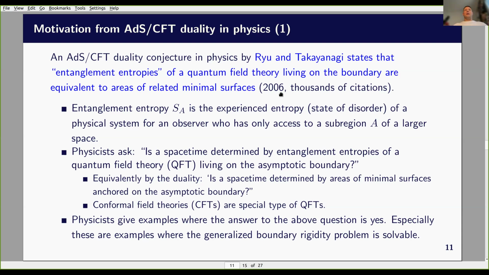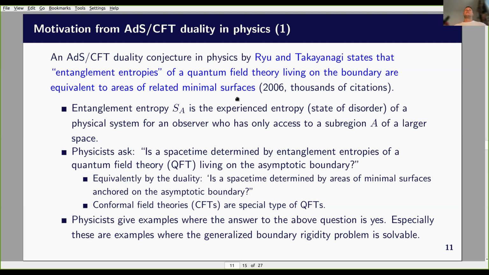Now, let me try to explain what the conjecture by Ryu and Takayanagi says. Entanglement entropy, S_A, is the experienced entropy of a physical system for an observer who has only access to a subregion A of a larger space. What does this mean?